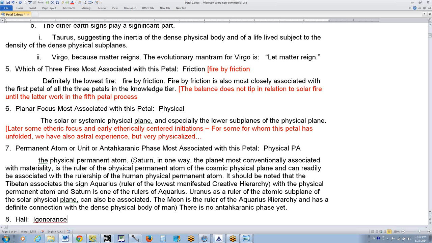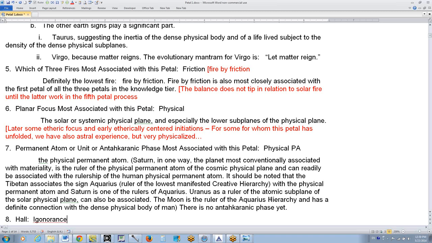It does rule physical planes, and especially the lower part of physical planes. Like if Uranus rules the 4 systemic ethers, then Saturn rules the lower 3 dense subplanes, and the moon too. In this respect, Saturn and the moon cover the same territory.